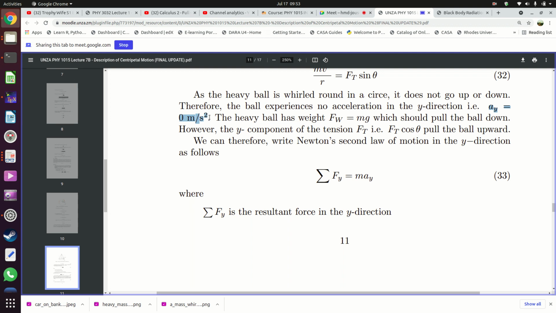So in the y direction, the acceleration is 0 meters per second squared. The weight of the object is this much, and the other component, the vertical component of the tension, is T cos theta.